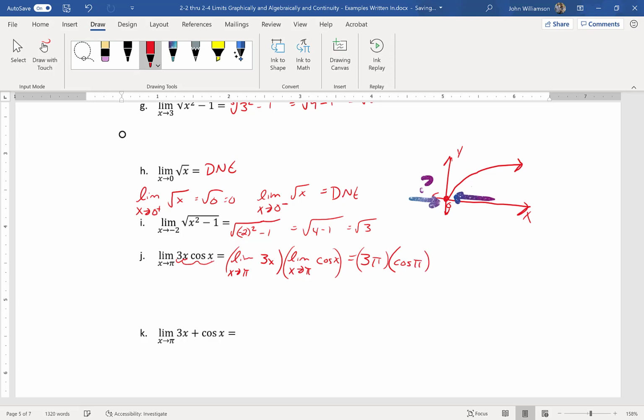Because I've evaluated that limit, now I can drop that limit notation. We just need to clean it up a little bit. So we have 3 pi, and cosine of pi is negative 1. And so this limit is equal to negative 3 pi.